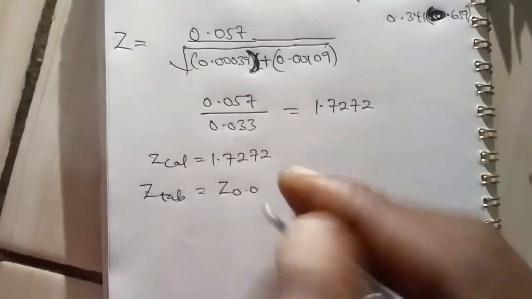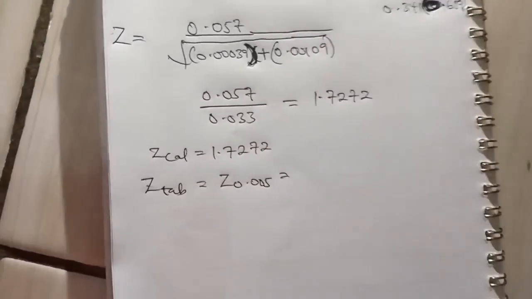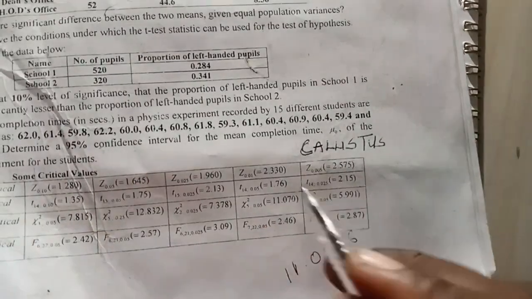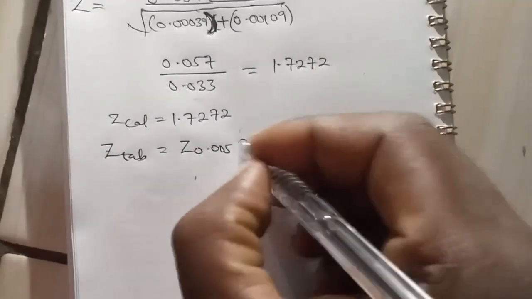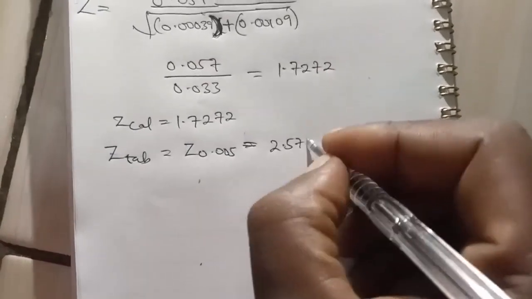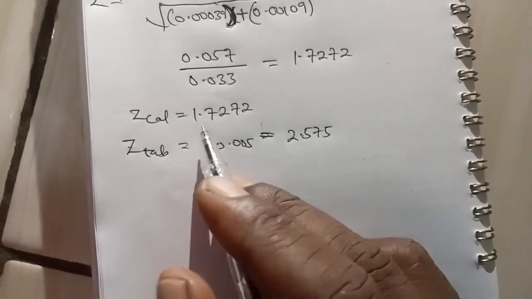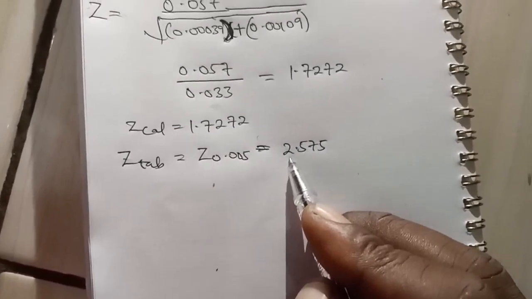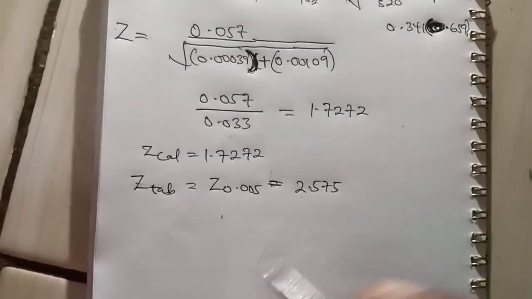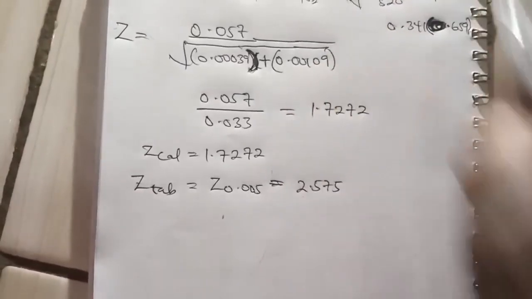So if we check the value for z 0.005, we'll have 2.575. If we compare this, you see this is less than this. So our conclusion will say, since z calculated is less than z tabulated, we accept H0 and conclude that there is no difference between the two proportions of left-handed people.